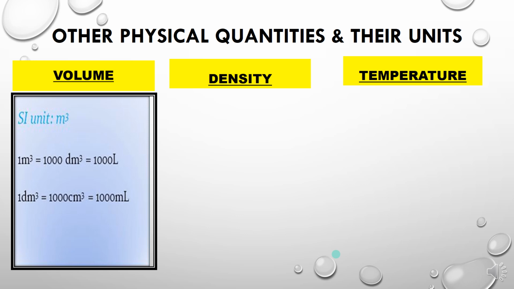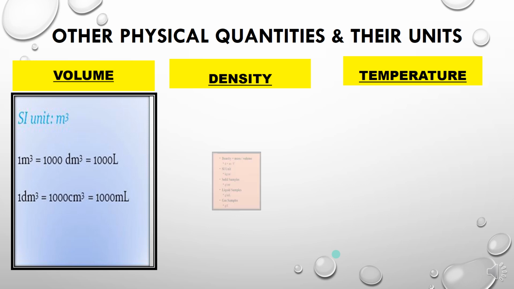But in chemistry, when we are using liquids, volume can be given in some other form, which is called liter or milliliters. And 1 meter cube is equal to 1000 liters, and 1 centimeter cube is equal to 1 milliliter. You can see this from the table.